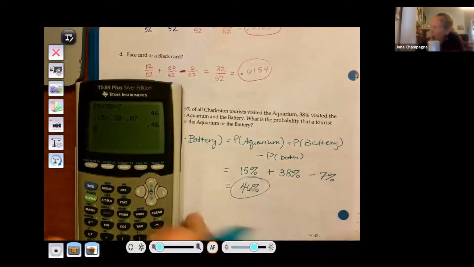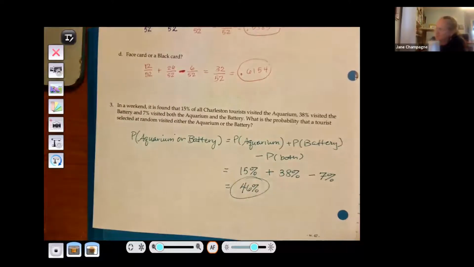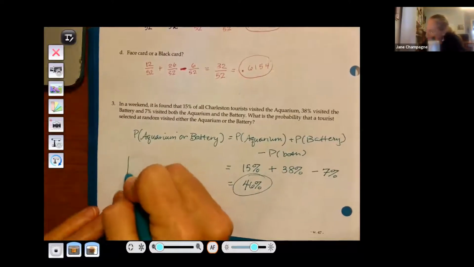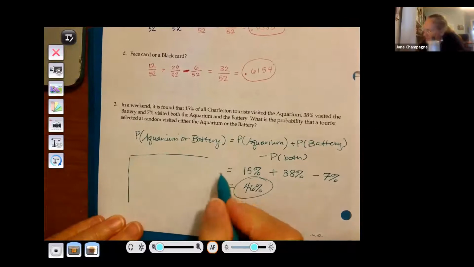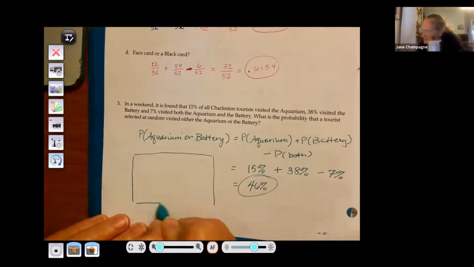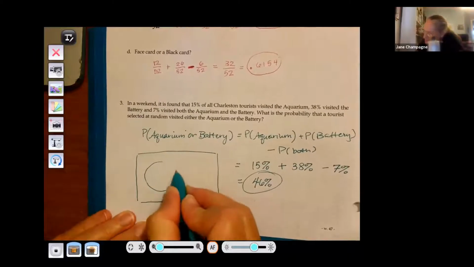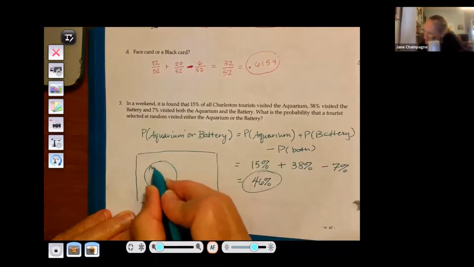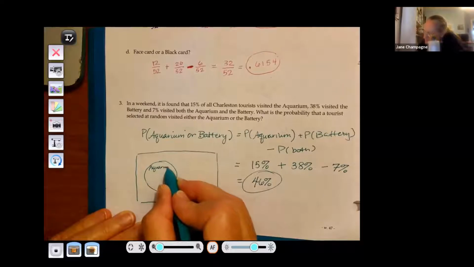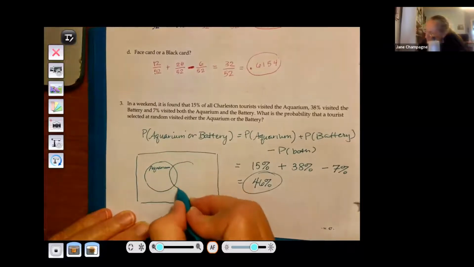Let me show you one diagram of this so you can kind of see what's going on. And we've got aquarium goers. And we've got battery goers.